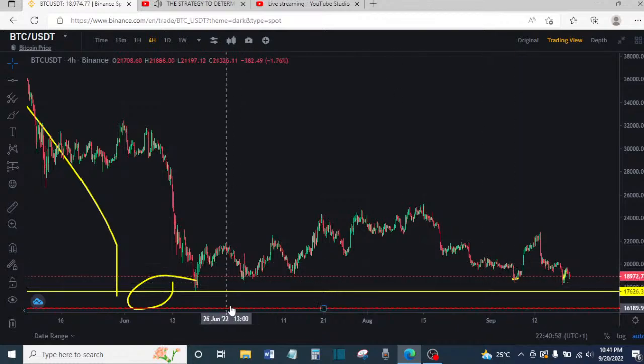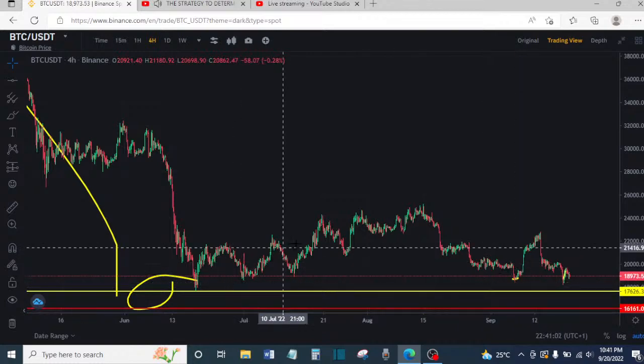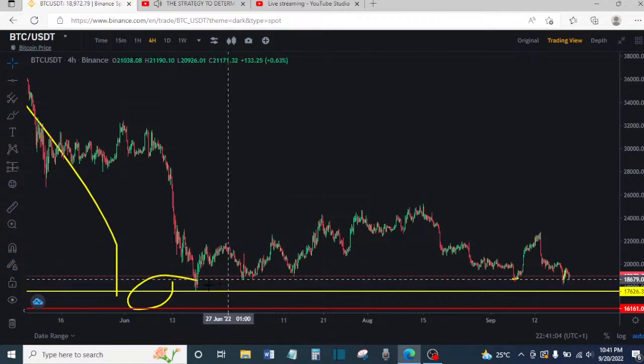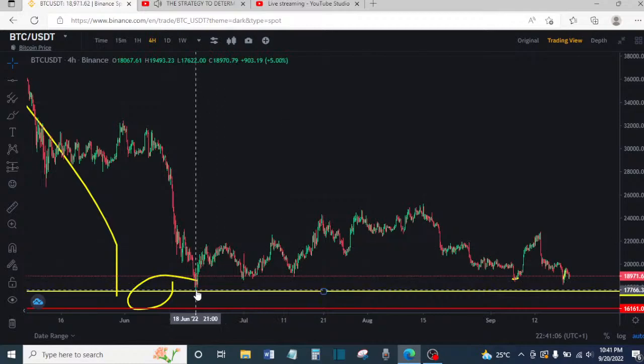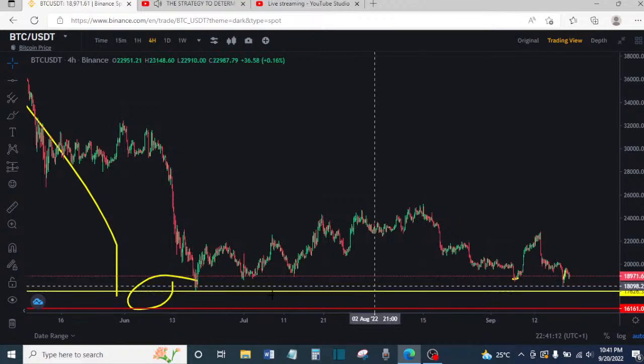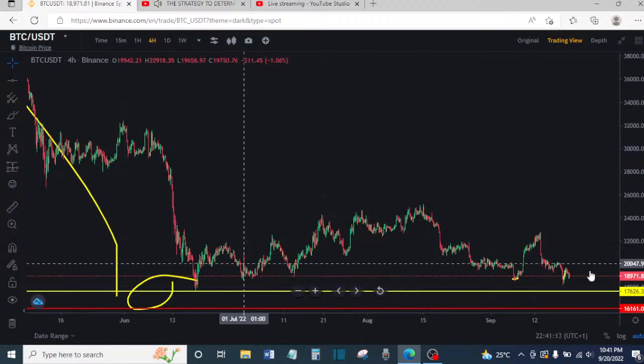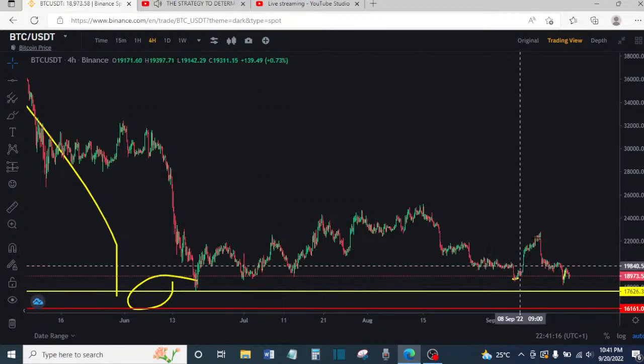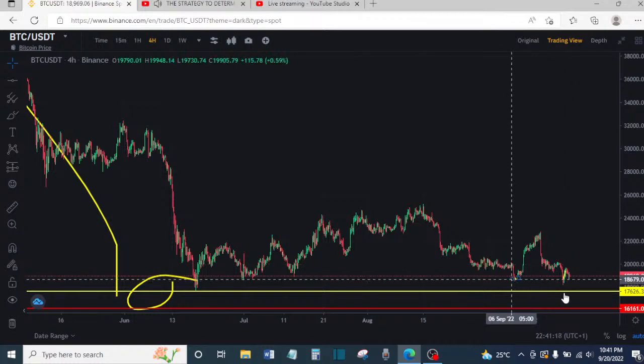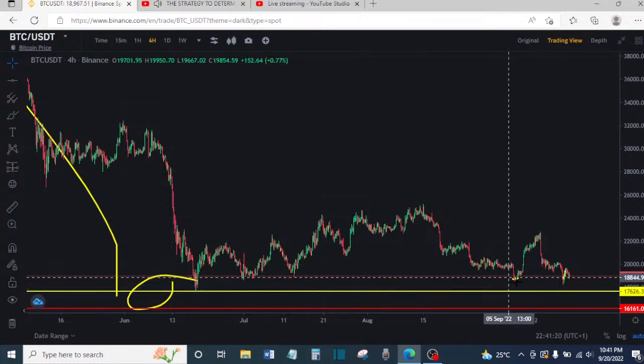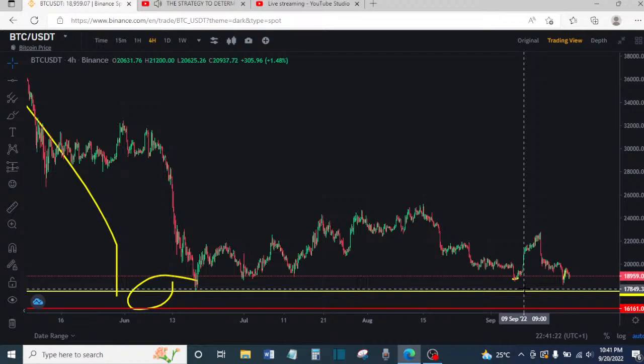Let's say price was expected to come and take out this yellow line, this area, but price couldn't. In the process it formed a miss, as happened here in the first instance.